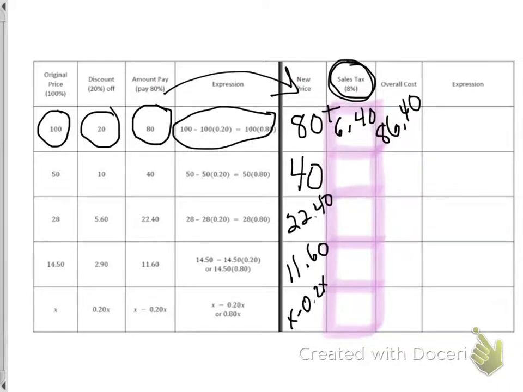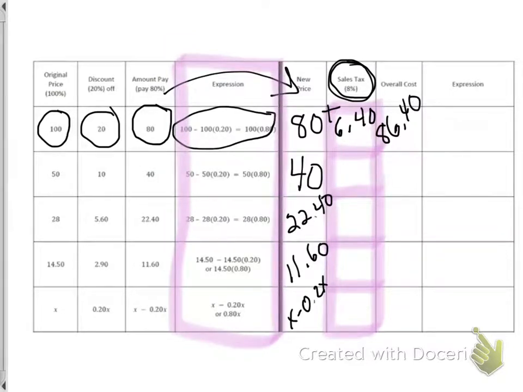Now the expression part of it all gets a little heady. So what you need to see is that I'm actually going to skip this expression part here. Right over here we have our expression for the discount.